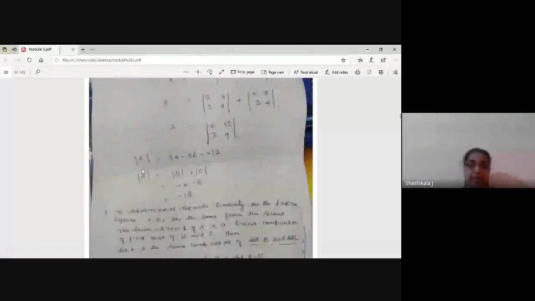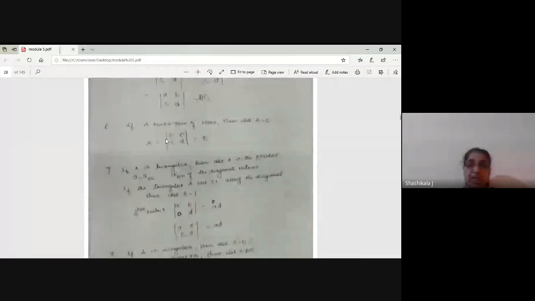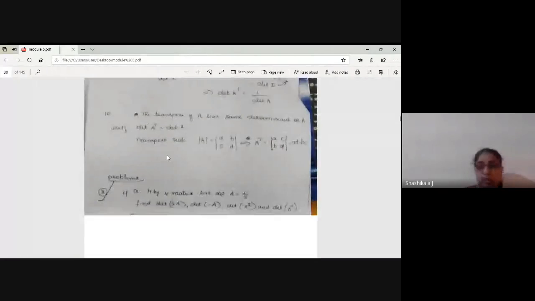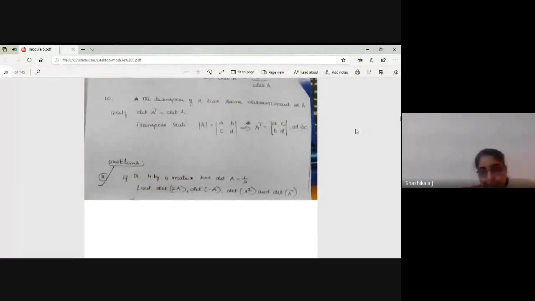anyhow, you know, let me go through the problems using the determinant. Now try to do this. For a 4 by 4 matrix, see how the properties are used in calculating the determinant. If it is a 4 cross 4 matrix and the determinant value is 1 by 2, what is the determinant of 2a?